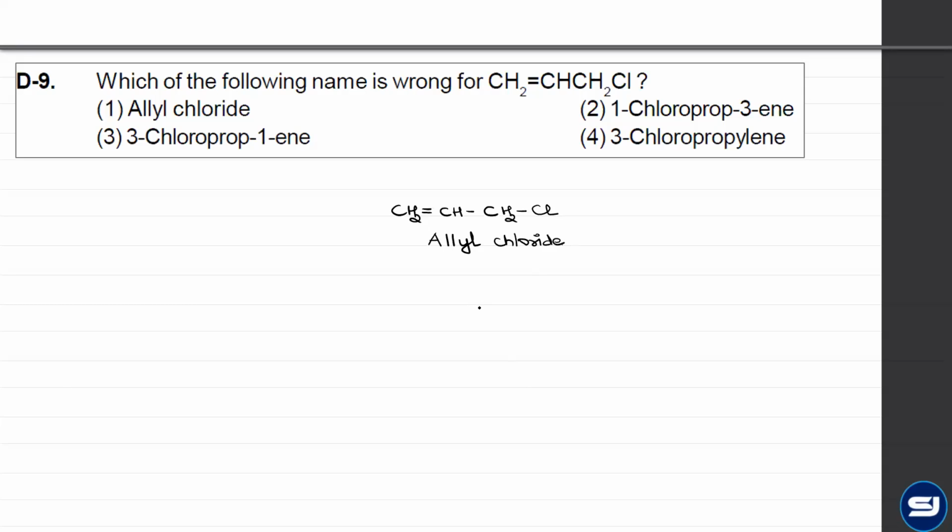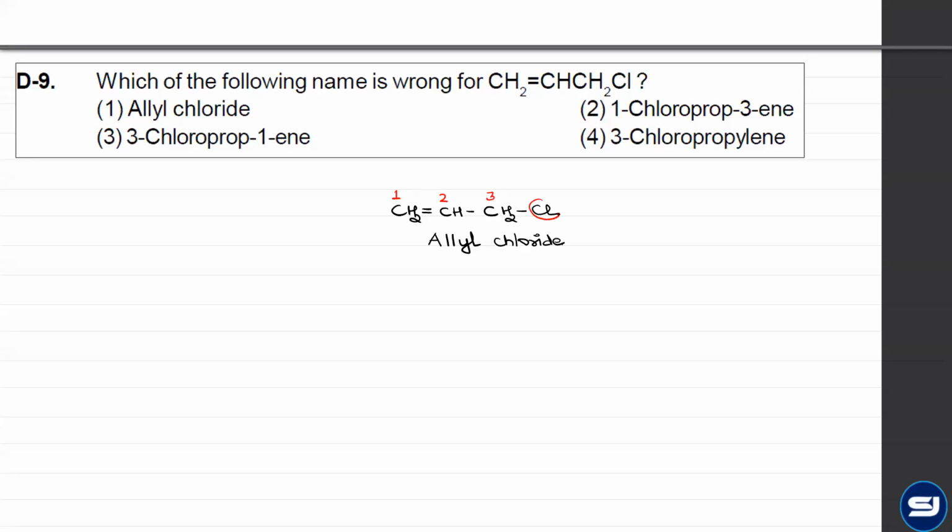Now in this longest chain, the numbering will be done from the double bond side or from the chloro side? Double bond. Why? Higher in the priority group. So here the numbering will be 1, 2 and 3.